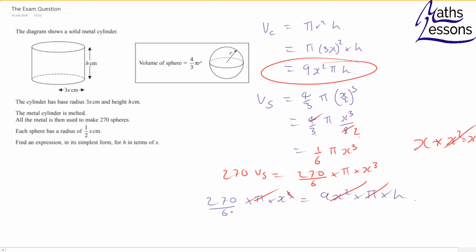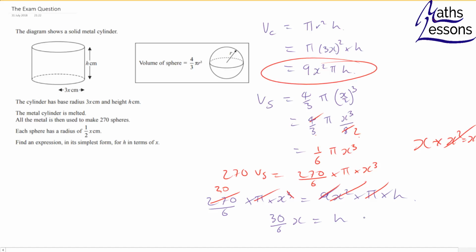Let's see if we can cancel this down a little bit. Well, we know that 9 goes into 270 30 times, so that's going to cancel down to leave me 30 over 6 x equal to h.